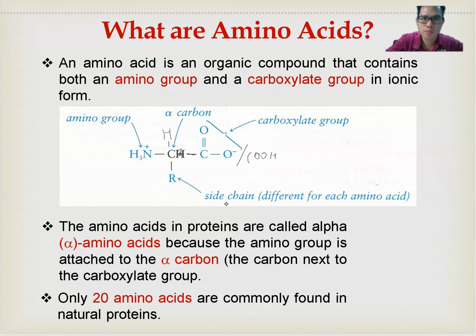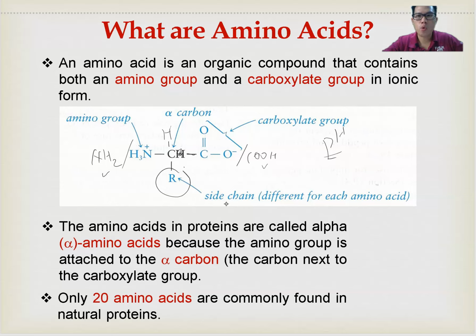This one can be COOH, this one can be NH2, really depending on conditions. Then here we got the R group. The condition that we spoke about is pH. pH can change this group. So this one is basic, you can draw NH3 plus, COO minus, then the R group.